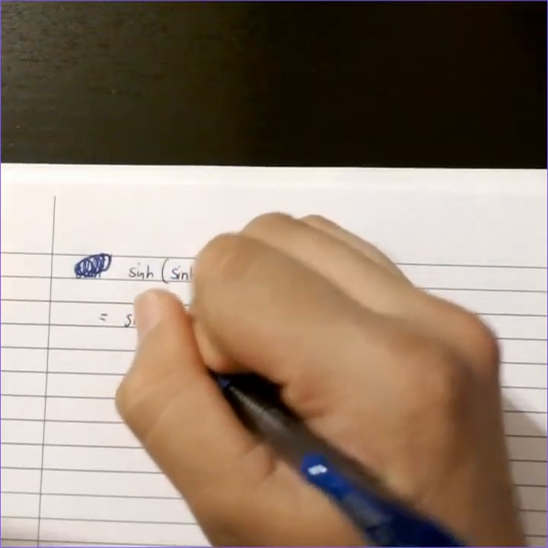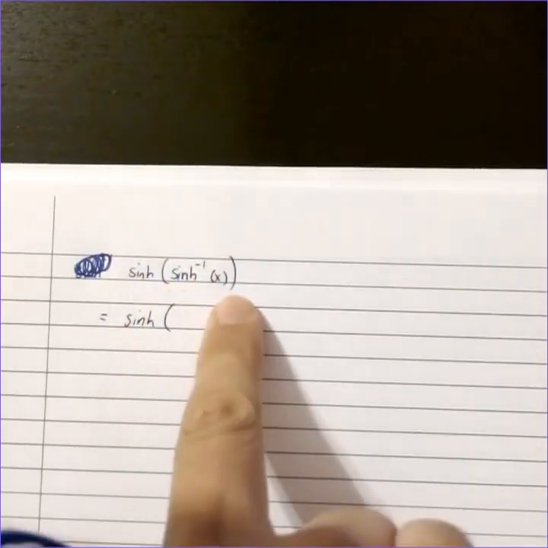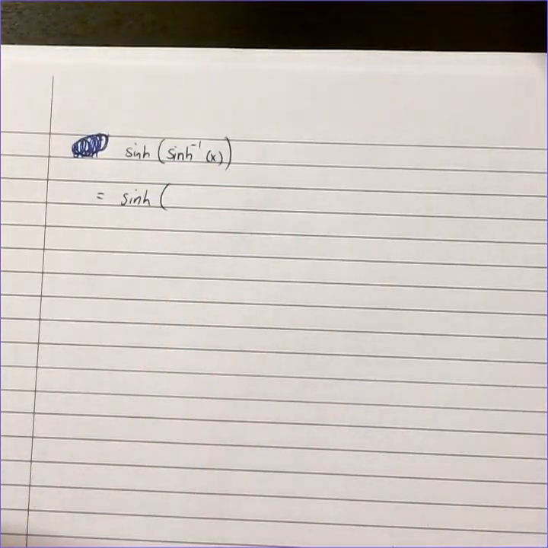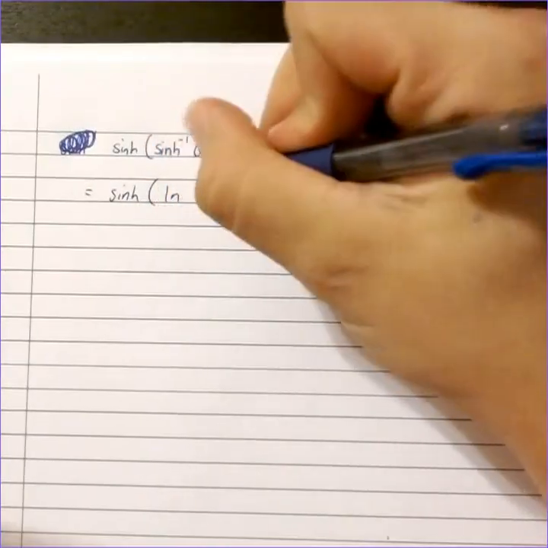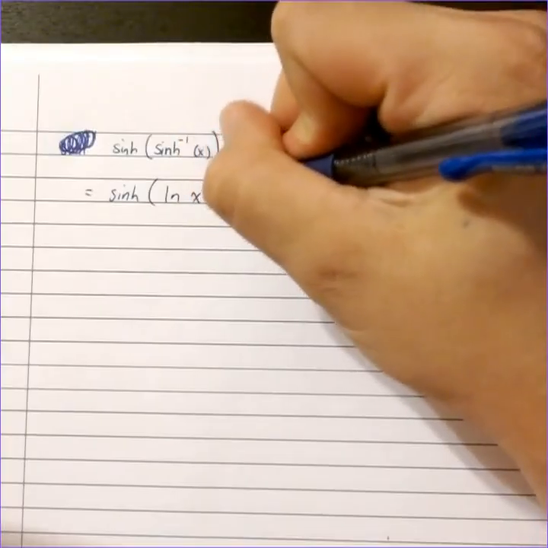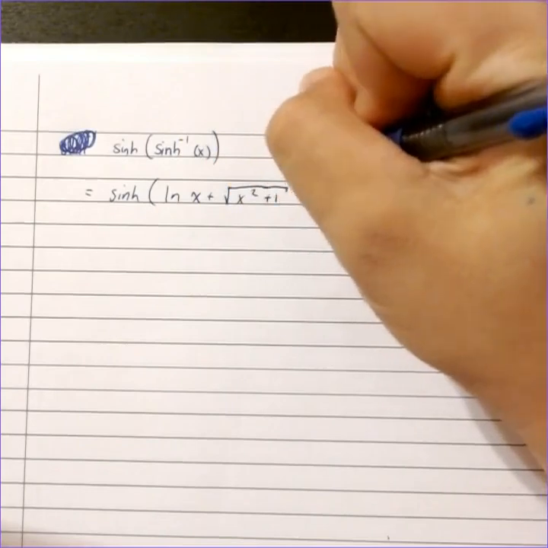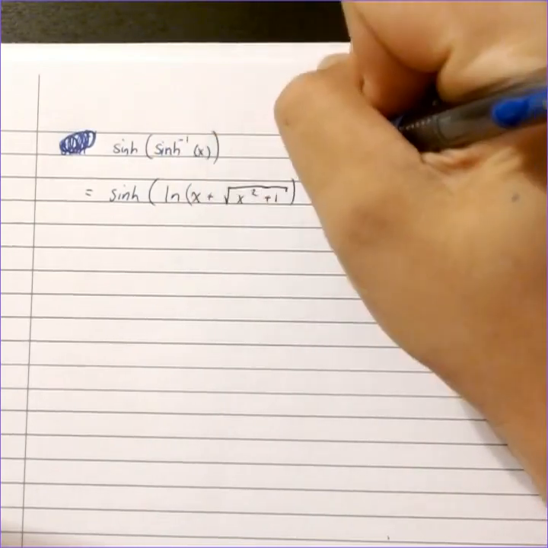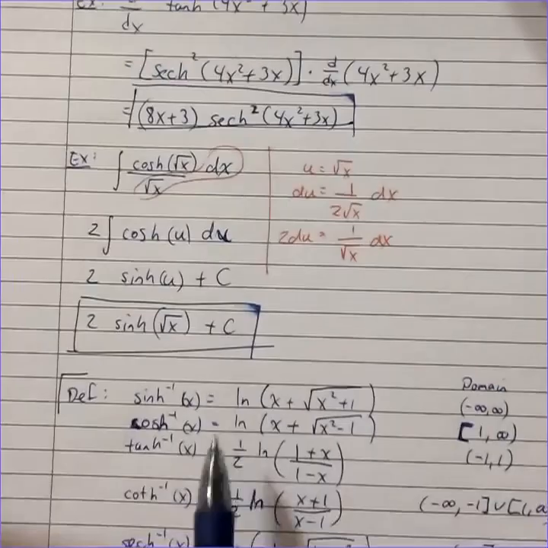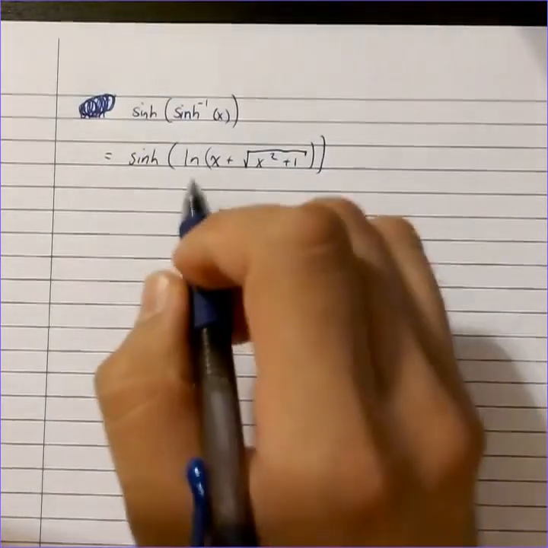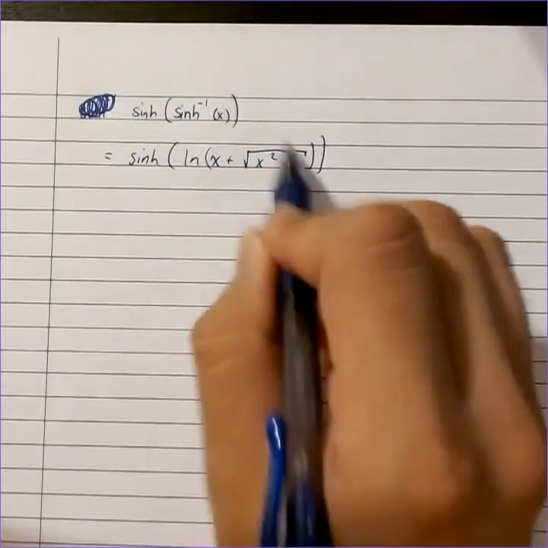So that's sinh of the inverse hyperbolic sine. Well, we just defined it as the natural log of x plus the square root of x squared plus 1. And that's just this one right here. That was my definition. Okay, so now I'm going to take the sinh, and I'm going to plug this into it.